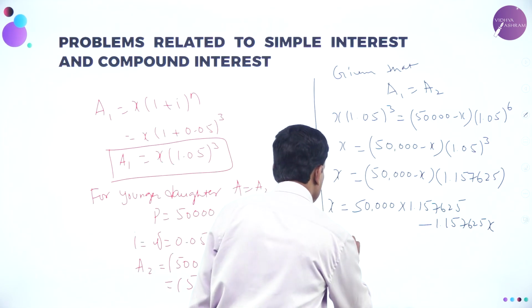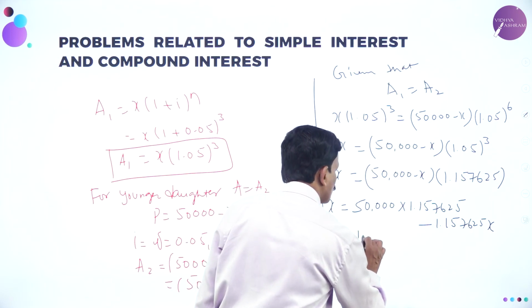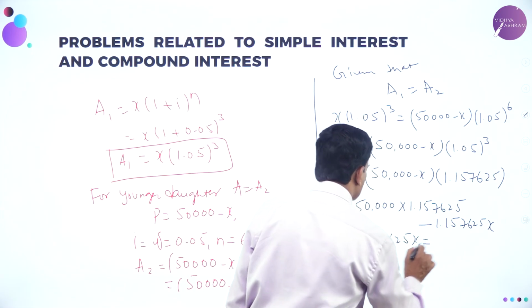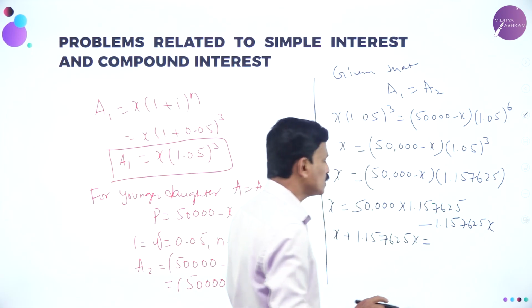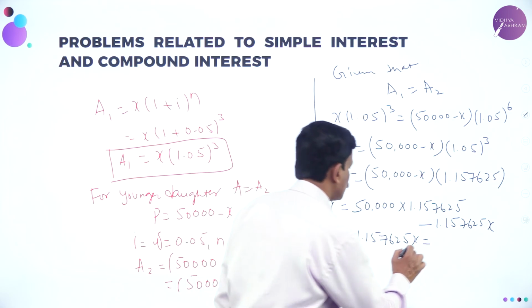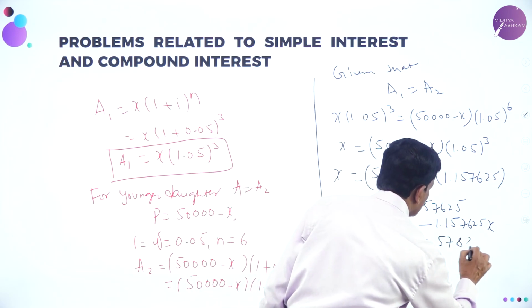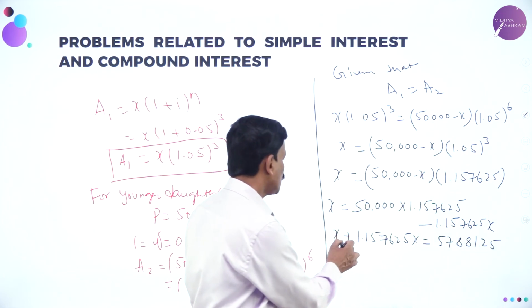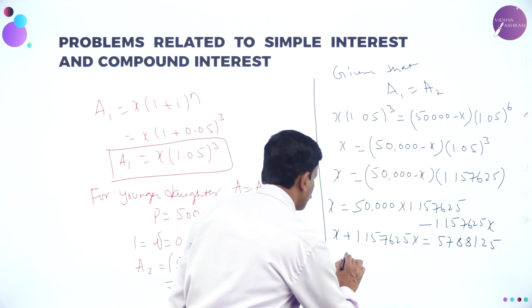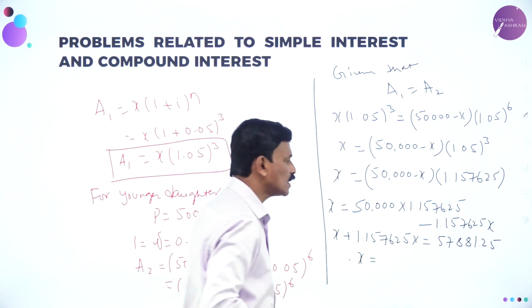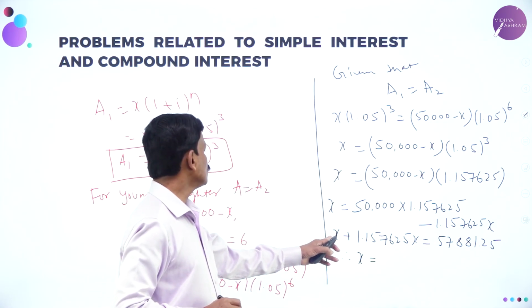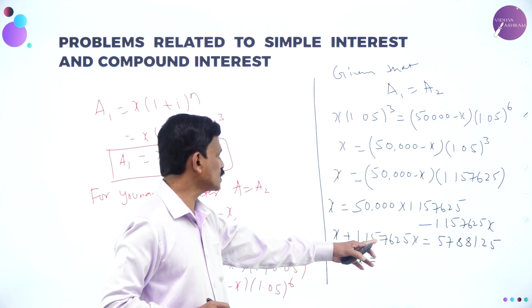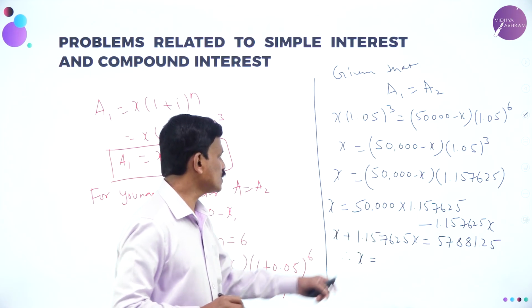So x plus 1.157625x is equal to 50,000 into 1.157625, which is 57881.25. Just add and simplify. If you add this, 1 plus 1.157625 gives 2.157625.